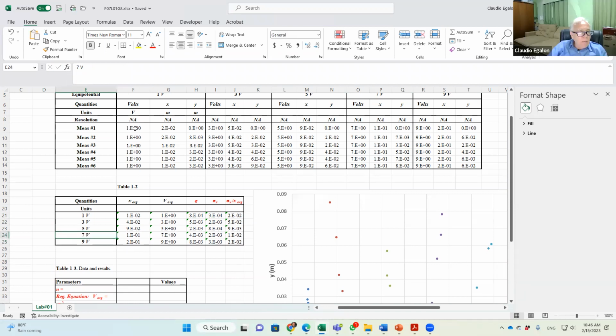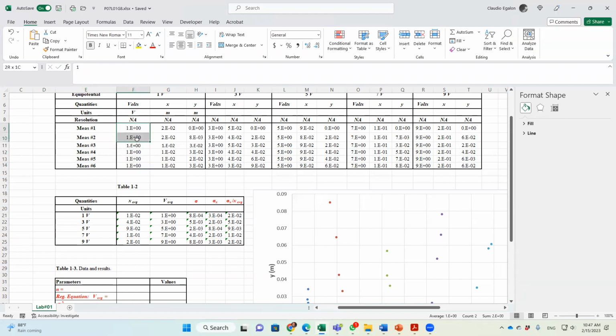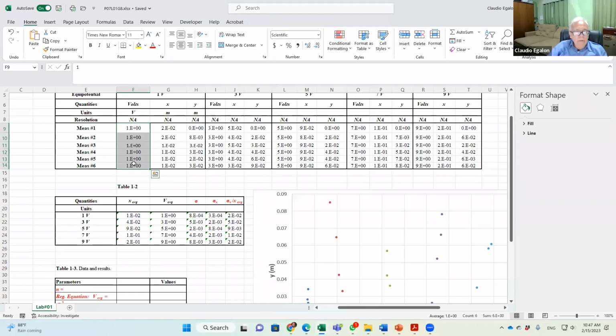And what about here? Do you have 2 volts or 1 volt in this column? I have 2 volts. Yes, same for me, Professor. Okay. So it depends on the spreadsheet that you got. You are going to have either 1, 3, 5, 7, 9, or 2, 4, 6, 8, 9. So what do you get again? 2, 4, 6, 8, 9.